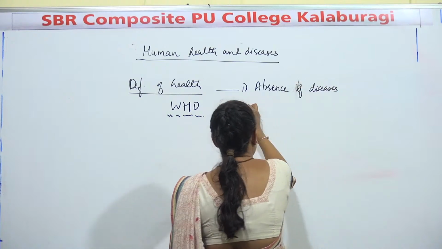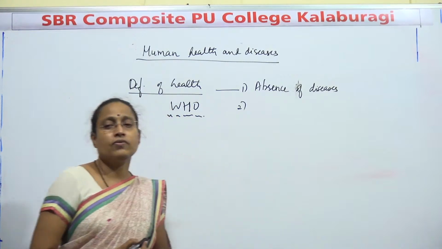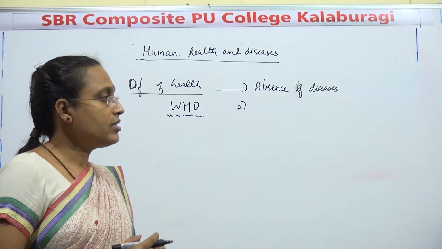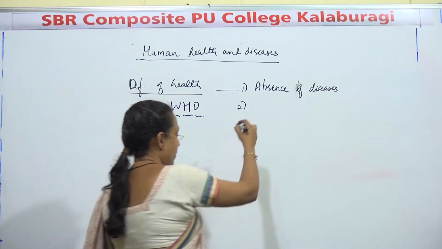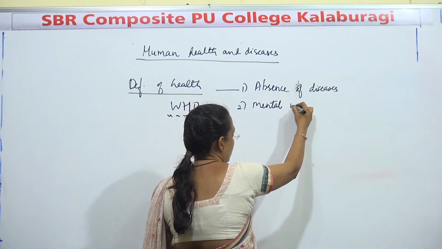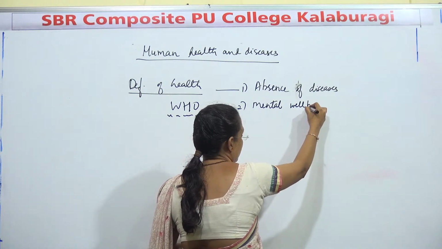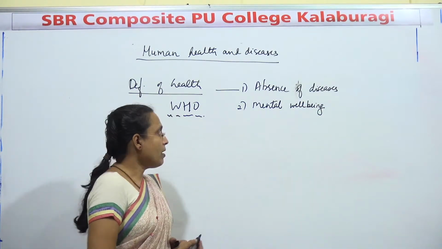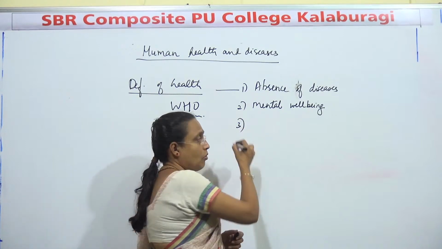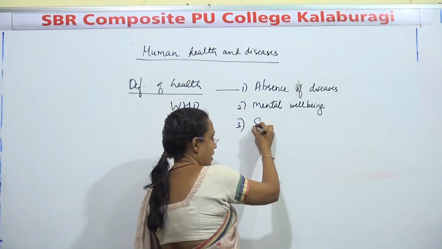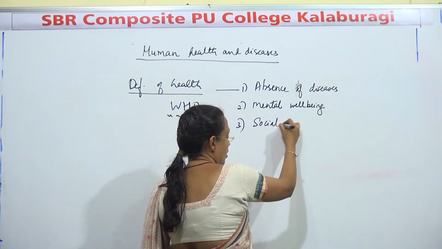What is the definition? First point, there should be absence of diseases. That is the first way to define. Then, not just absence, mental well-being should be there, the person should be mentally sound. Now, apart from mental well-being, the third point, there should also be social well-being.